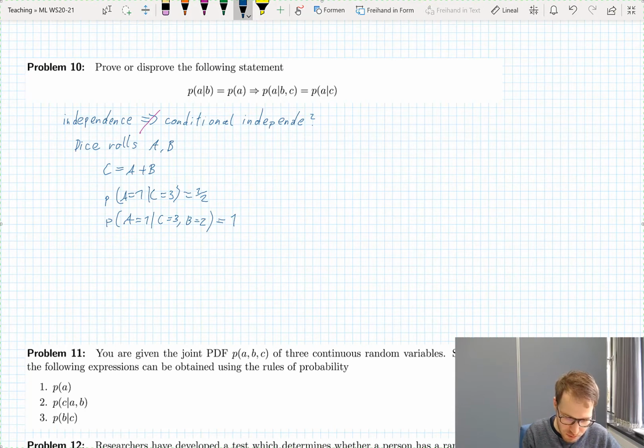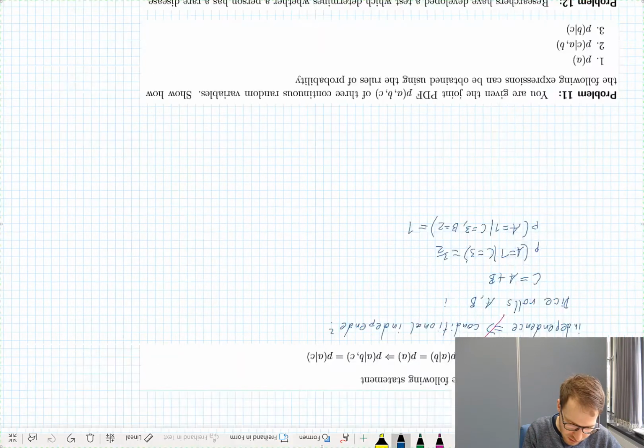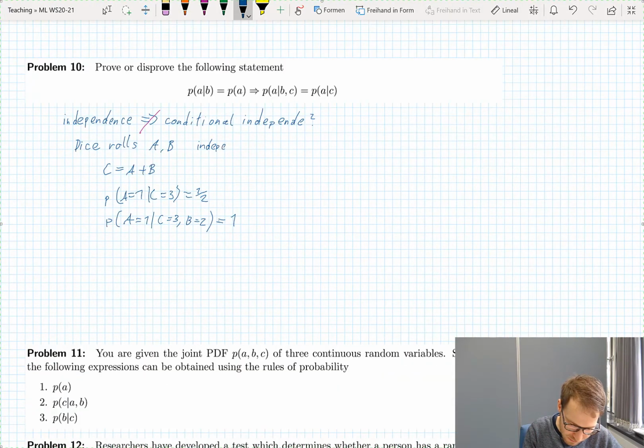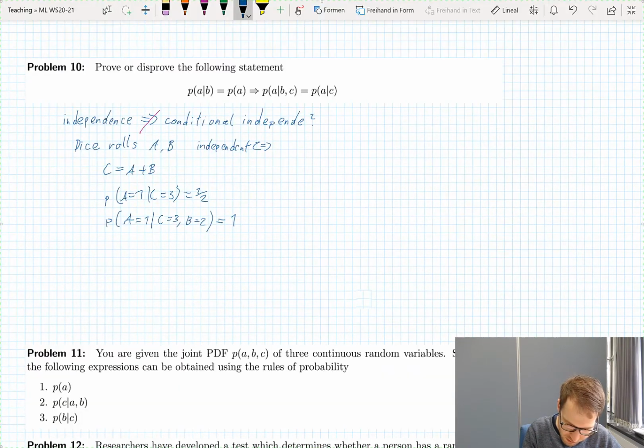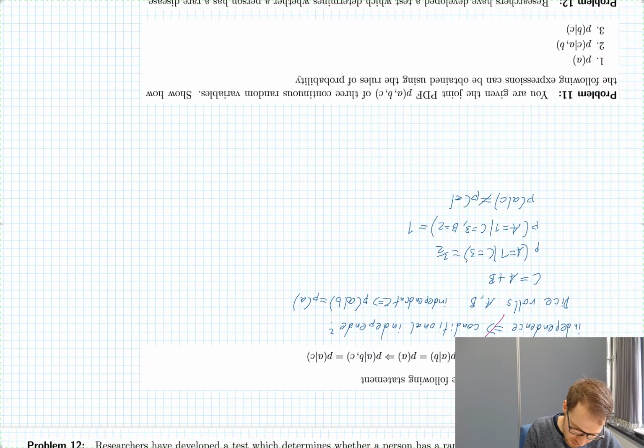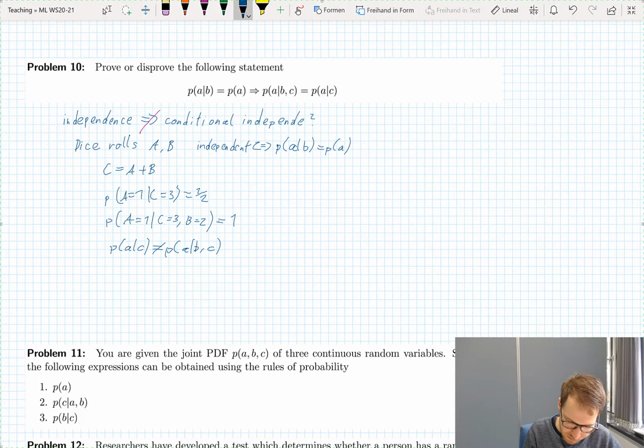But we know that the dice rolls are independent, which is equivalent to saying P of A given B equals P of A. And now we have that P of A given C is not equal to P of A given B and C. So we've proven it.